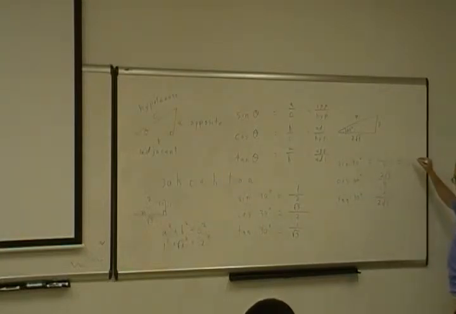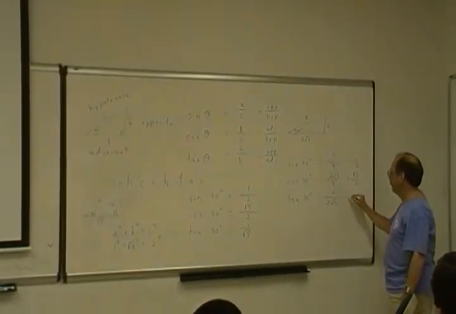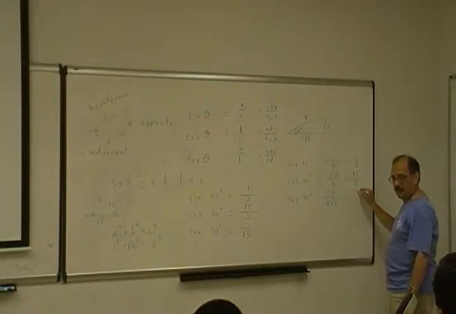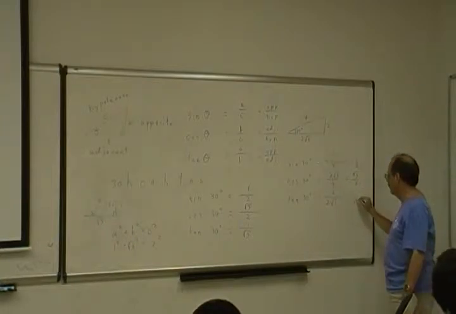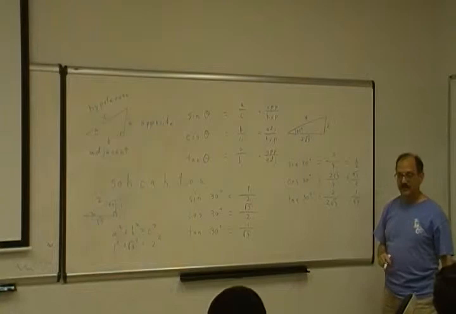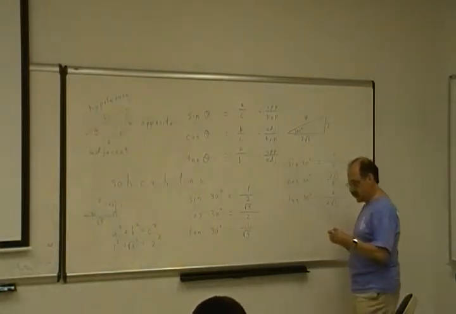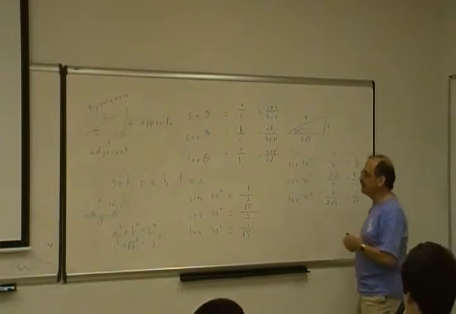What cancels? What does it become? 1 half. 1 over the square root of 3. Okay? And notice those are the same as here. So the sine, cosine, and tangent of 30 degrees is the same.